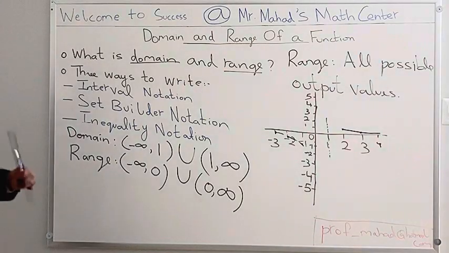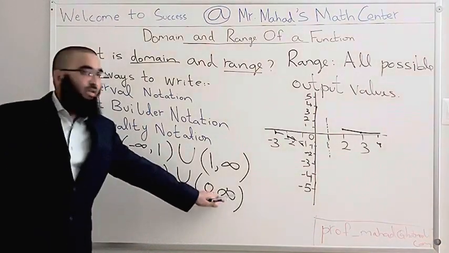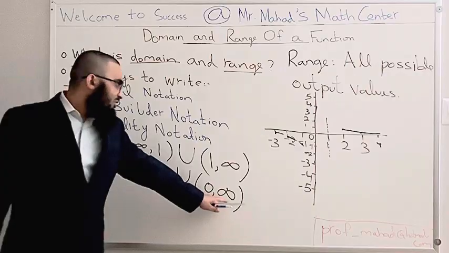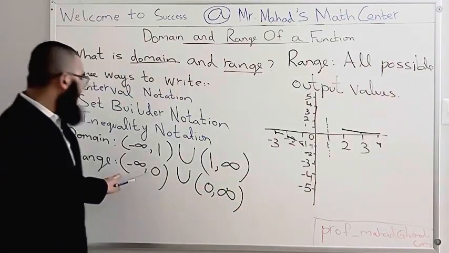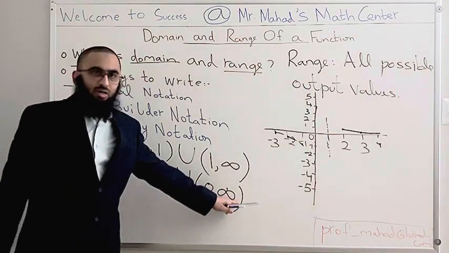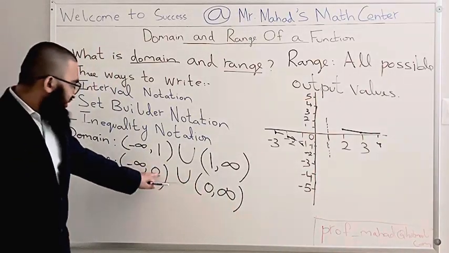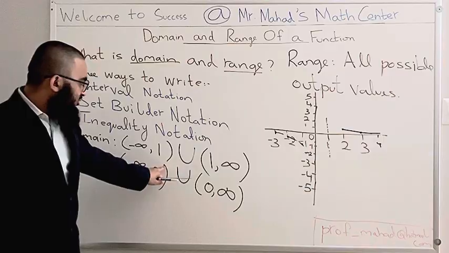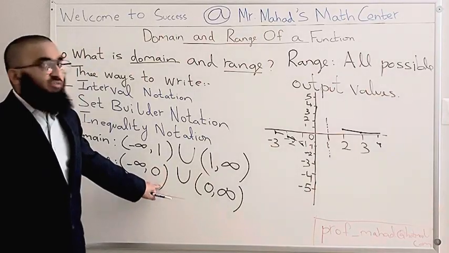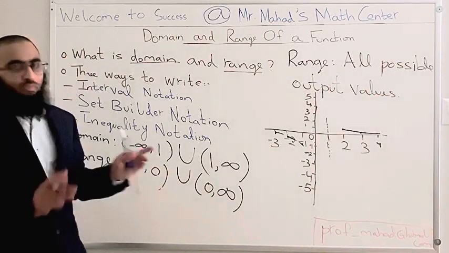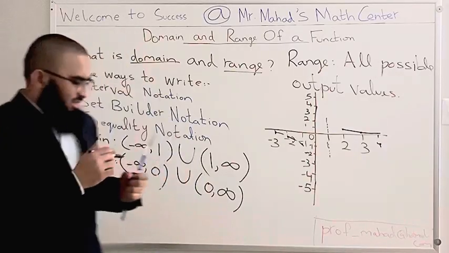I'm just writing in an order from these two values. Again, whenever you use infinity or negative infinity, it will always have a bracket. Now, this 0 is not included, that's why I used a bracket again. If this 0 was included, then we would be using a square bracket, right?